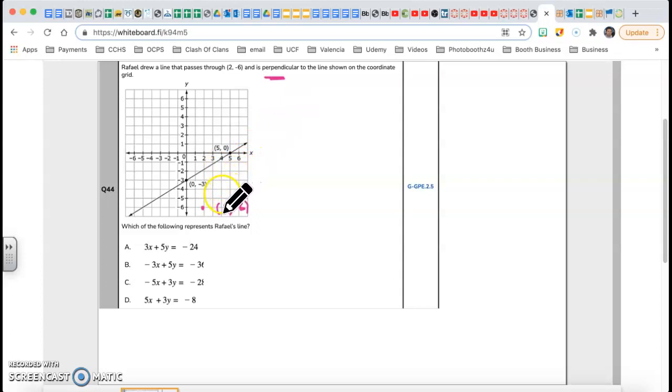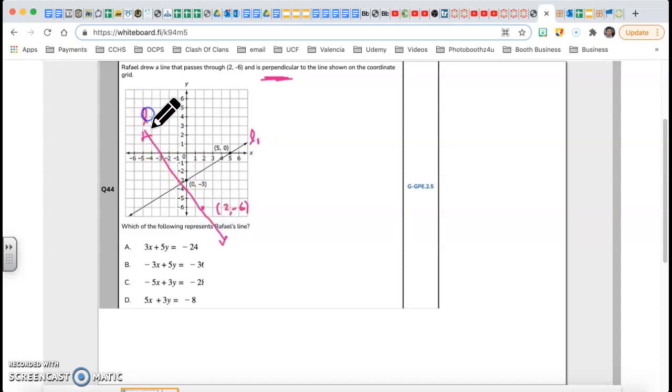So let's say something. The only way to know that two lines are perpendicular is if I have the slopes. Let's call this line 1, L1. And let's say that this is line 2, the one that he drew.